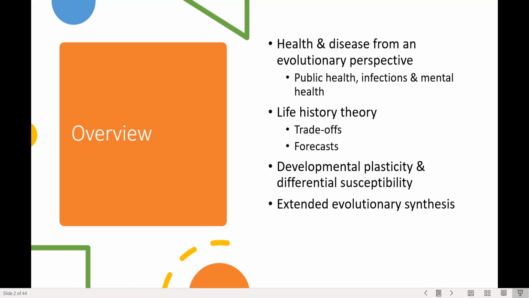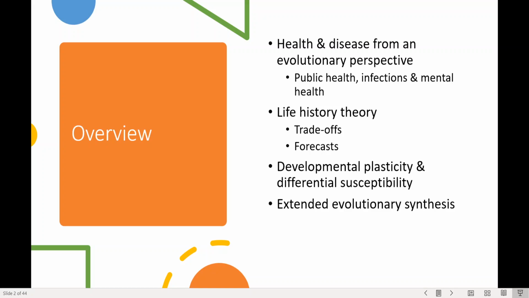issues. Very central for discussing health issues is life history theory, so we're going to look at some of the important aspects of it. In particular, we're going to look at trade-offs and the idea of forecasts. Then we're going to focus on a very important aspect which is called developmental plasticity and the idea of differential susceptibility.